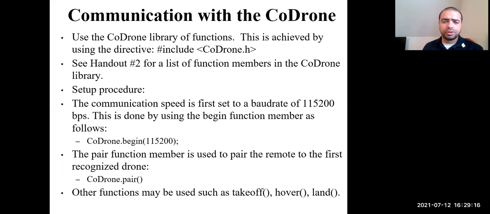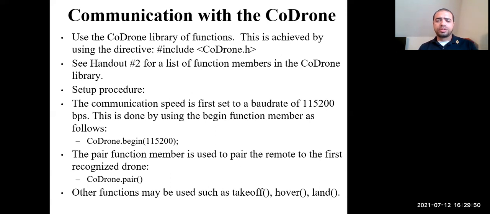You can find them really easily on the manufacturer website. When you include a library, only then can you use the functions that are inside that library. So this has to be the first line of code for you. The pound sign, include, then you put the name of the library between these two marks.